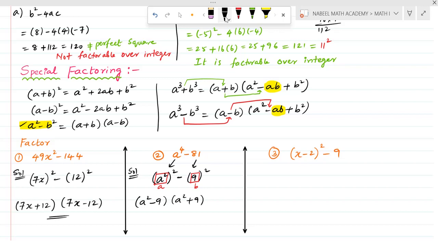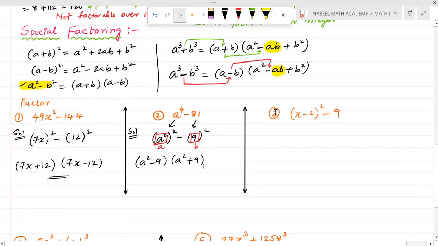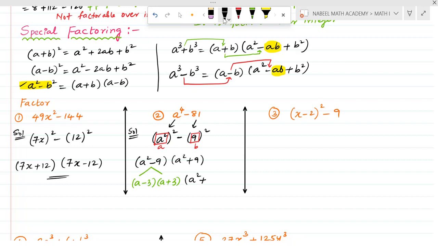So is the factorization completed here? No, because we have the formula for the minus as well. So this one is again factorized as a minus 3 and a plus 3. And by the way, for the plus, we don't have the formula for a square plus b square. That's why I keep this part as it is. We have only the formula for a square minus b square. That's why it is factorized further.